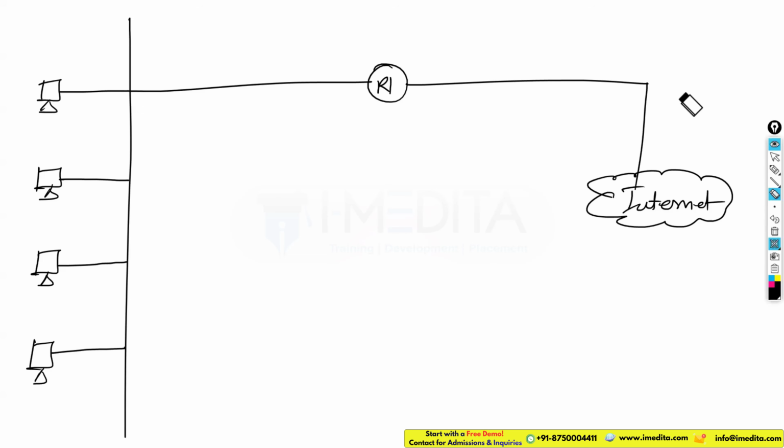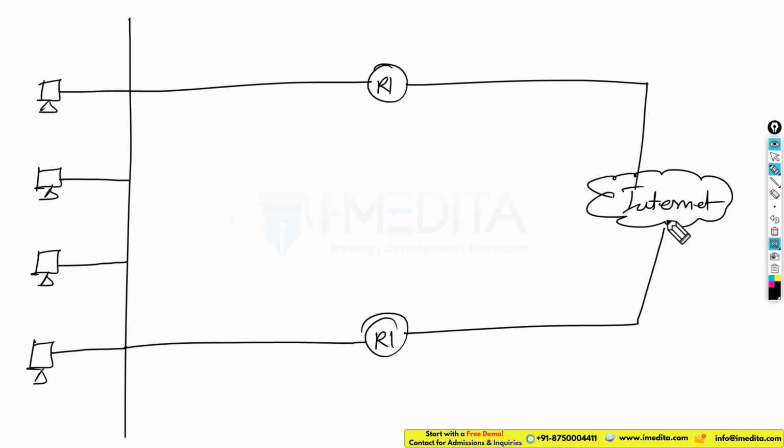Instead of this, what can we use here? We can use two routers. We can connect them with the internet. Router 1 IP 192.168.101.11, router 2 IP 192.168.101.12. The question is, which will be the gateway of the LAN?